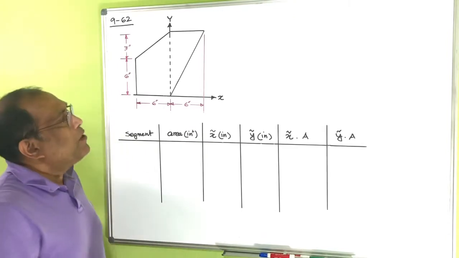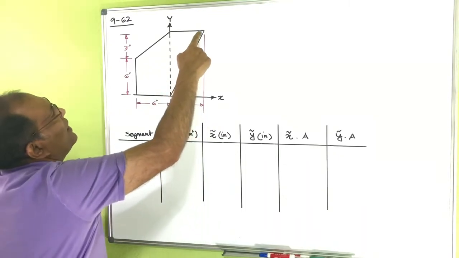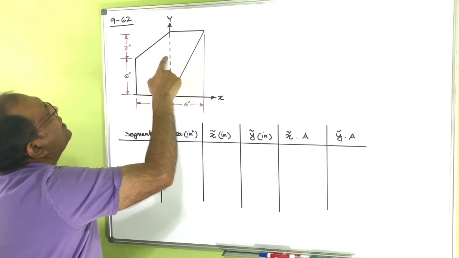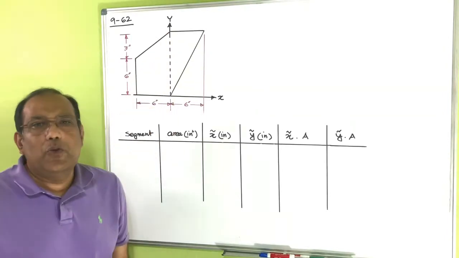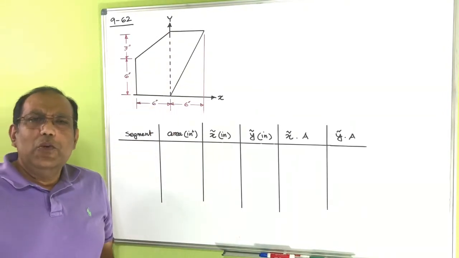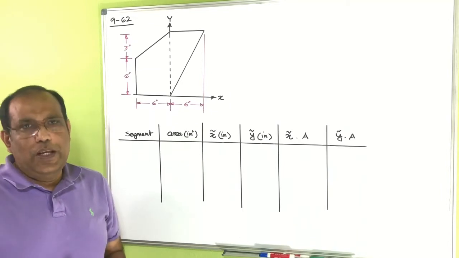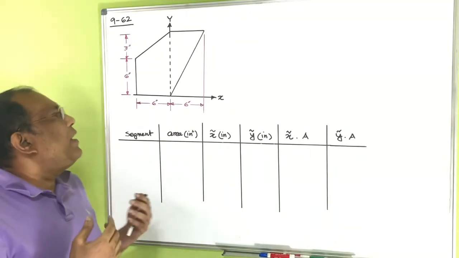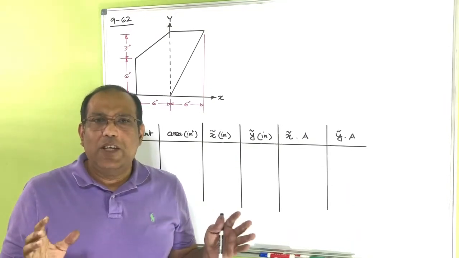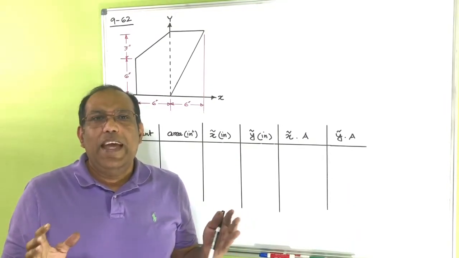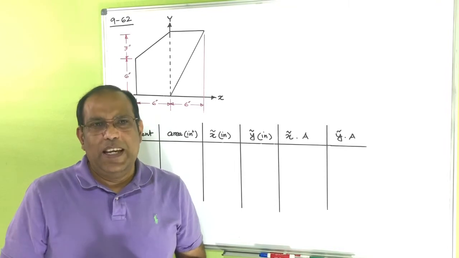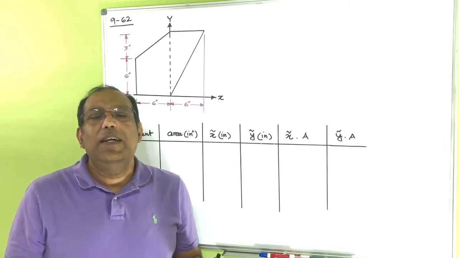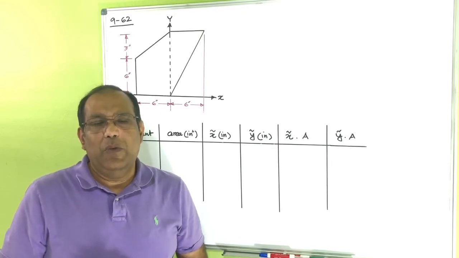You can take this one plus this one and then this one, 3, right? You can do that different ways, that's your freedom, but always try to keep the number of regular shapes as minimum as possible.